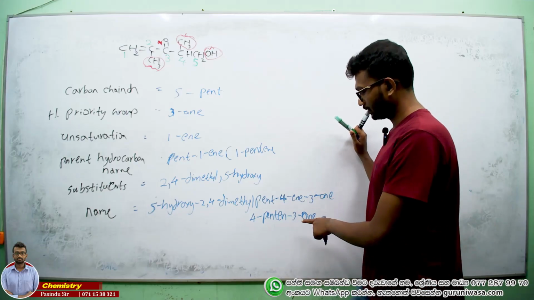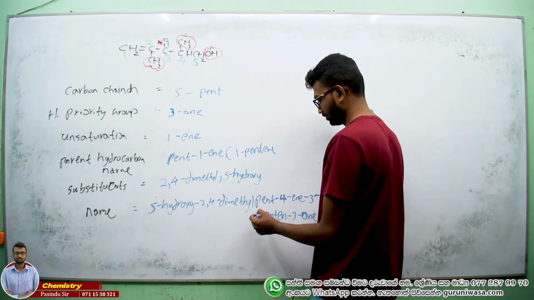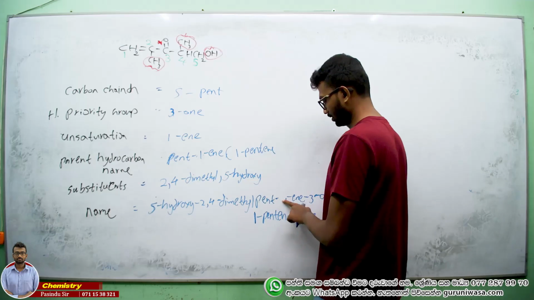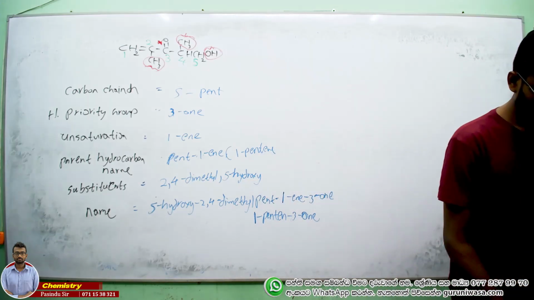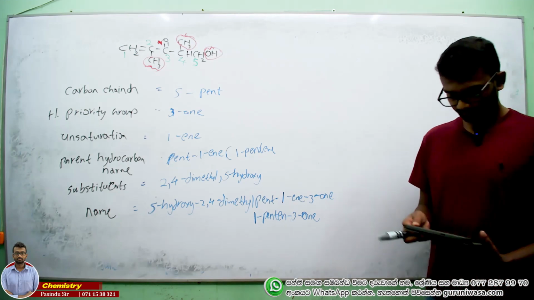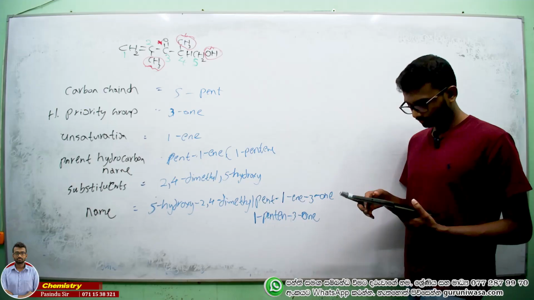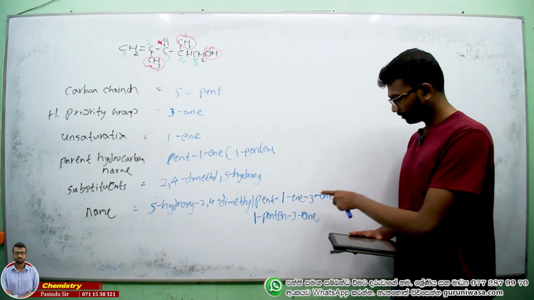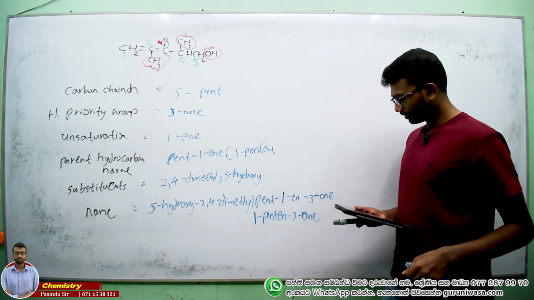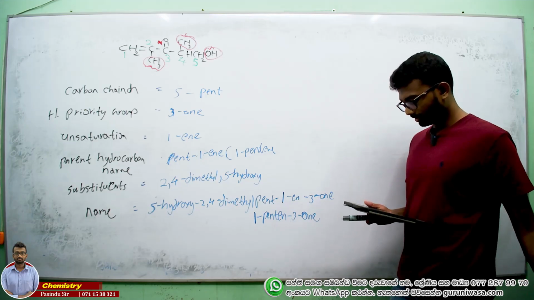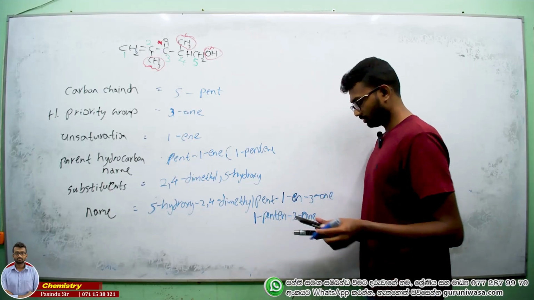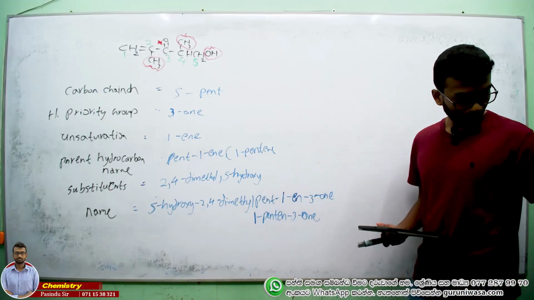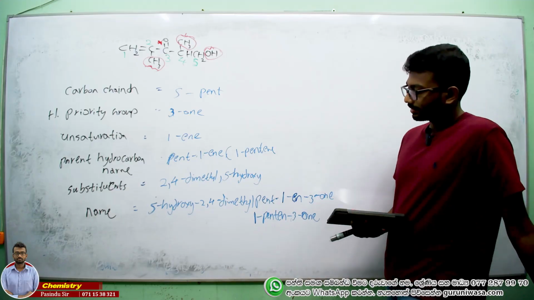And 3 on. Here it's 1 pentene, 1 ene 3 ol, right? 1 ene 3 ol.